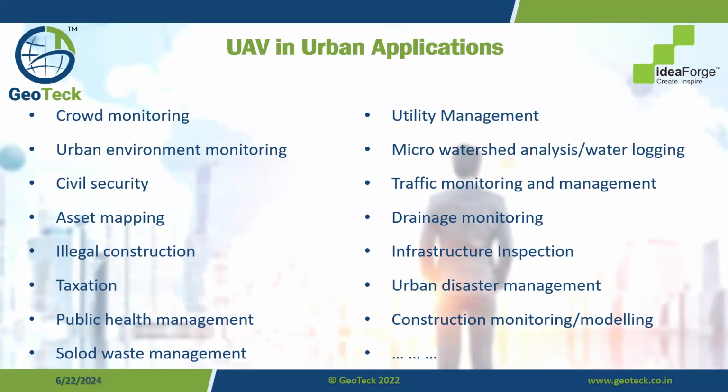If a person has been allowed to construct a two-story building, whether he is going to construct it as three-storied, or any government land is being occupied by someone for the construction of structures, etc. So this can be monitored on a regular basis, and the data will be collected remotely, as I told you, and no one will know that the data has been collected and someone is observing things. So illegal construction can be monitored.